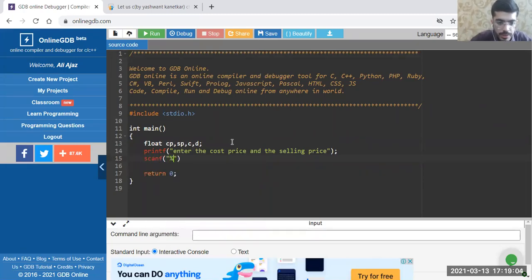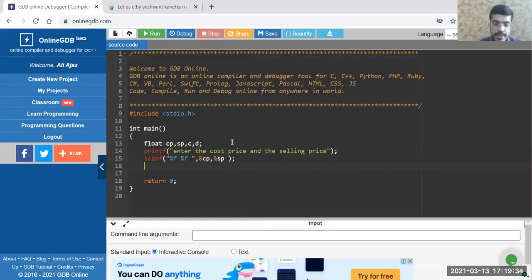So here we use %f %f, the specifiers used for taking float inputs. In which variable will we be saving? We'll save the first one in the cost price, so &CP, next one &SP. Now we have taken the two inputs, cost price and selling price, from the user.